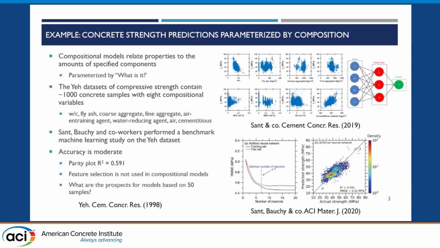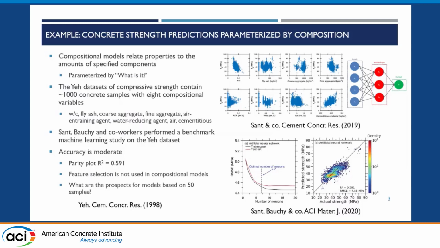So an example, there's a very famous concrete strength data set consisting of roughly 1,000 data points. And there are multiple papers out there trying to build predictive models using this data set. The inputs for this data set are water-to-cement ratio, fly ash, coarse aggregate, for example, the amount of water reducing agent dosage, and the air.